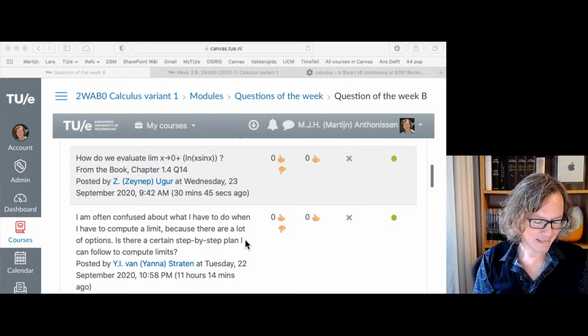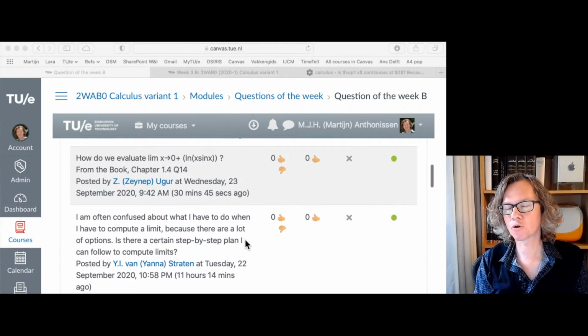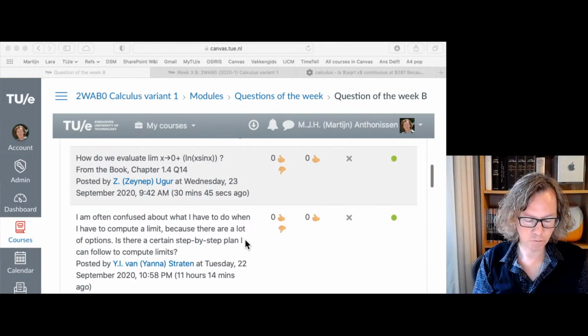Now, the limit of x going to 0 is from above, since the logarithm needs to have a positive argument. If you would just put this in, you would find 0. If you would put this in, you would also have 0. And then we have already seen that the product is also 0.